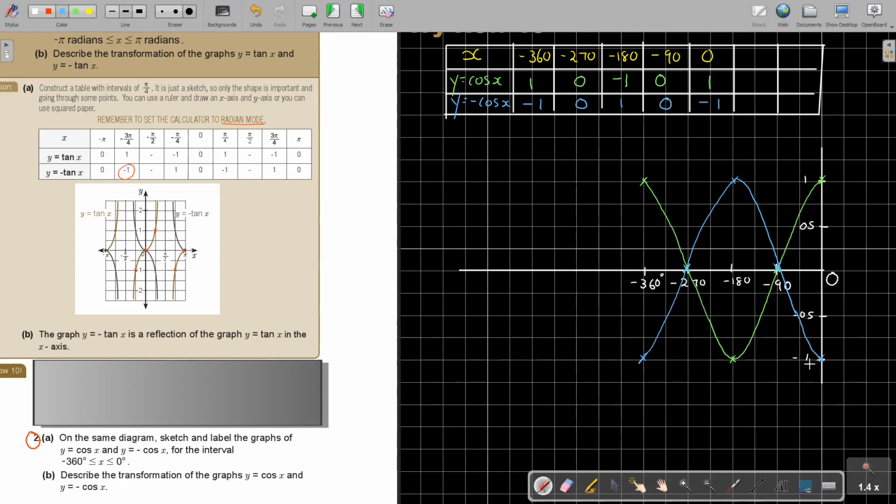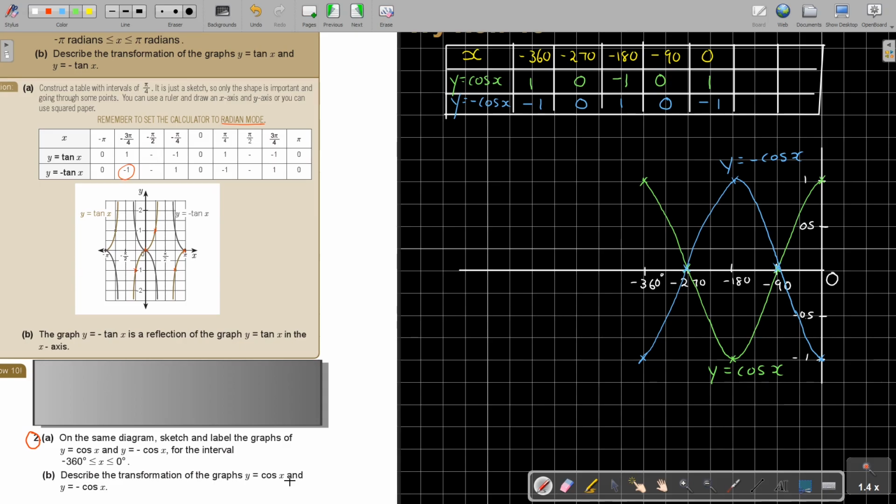Okay, I think this is what I can do. I always like to write it in. So I always write y equals negative cos x, and then this one, y is equal to cos x. And now describe the transformation of the graphs.